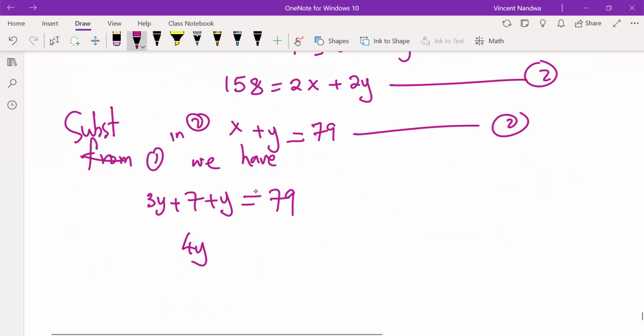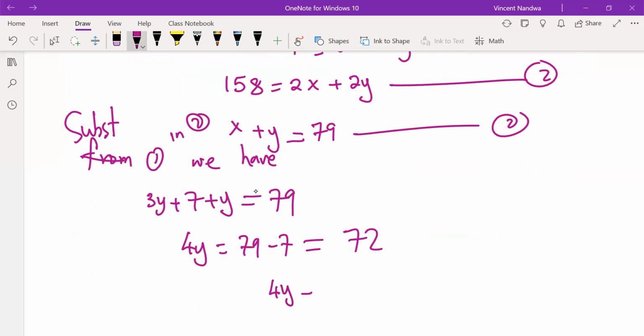So 4Y equals to 79 minus 7. 79 minus 7 is 72. So 4Y equals to 72. Divide by 4, divide by 4. So we have Y equals to 18.